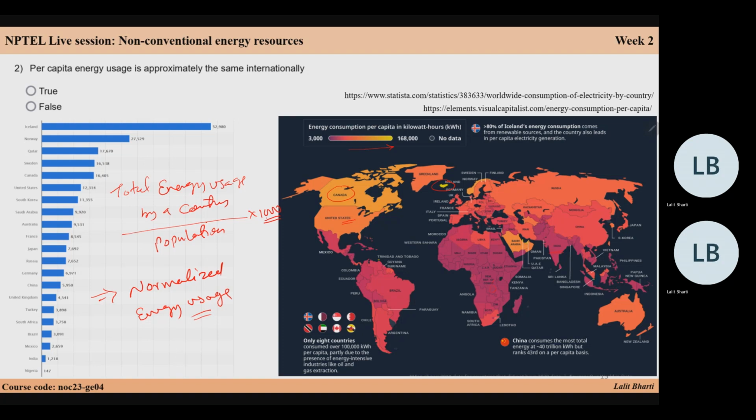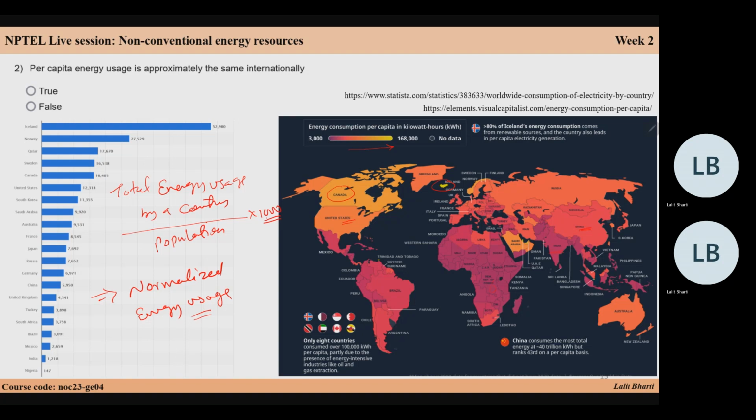Due to the higher population of China, although China is very high in energy consumption, when it comes to energy per capita, due to the high population of China and similarly India, the per capita energy consumption or energy usage goes down.